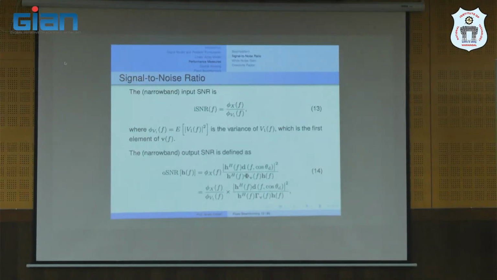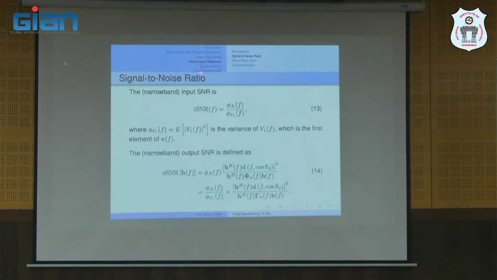So at the output of the beamformer, we will get high white noise because it is amplified compared to a single sensor. So this is a big disadvantage of just maximizing the directivity factor. It doesn't work well.